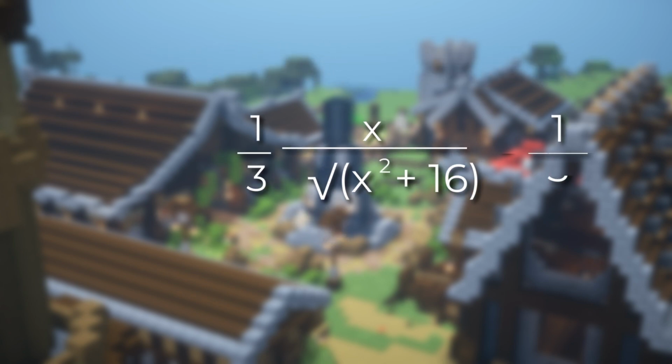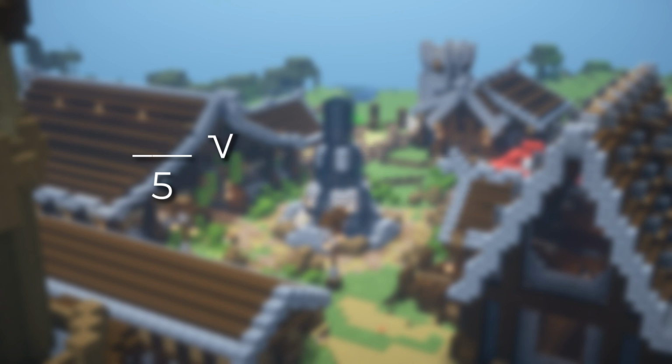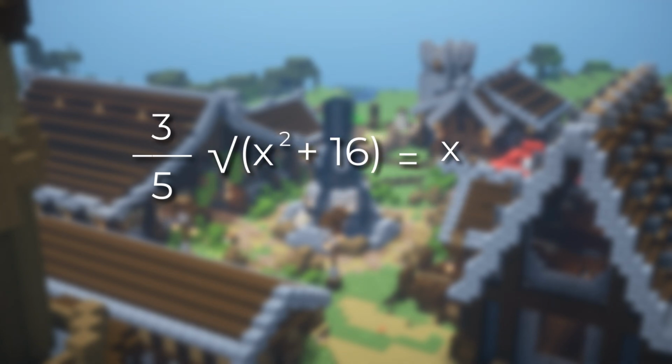Now since the derivative of time must equal 0 to find the minimum, we take this equation and set it equal to 0. So whatever x value we get from this equation will be the critical points of the equation. From there we can add 1/5 to both sides, then multiply the square root on both sides to get this. Now to get rid of the square root, we're going to square both sides.